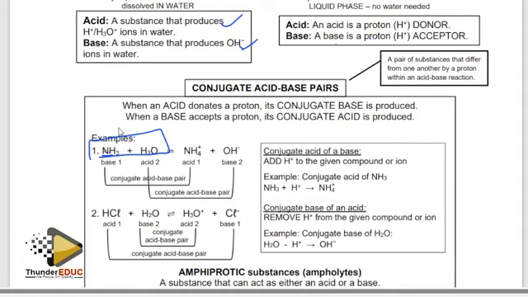When it comes back this side, this one has obtained the hydrogen ion, so it is the one which is going to become the acid to give it back, so that it goes back. So this and this become a conjugate acid-base pair, and this and this become the other conjugate pair. So you have to identify one side, which one is the acid and which one is the base.